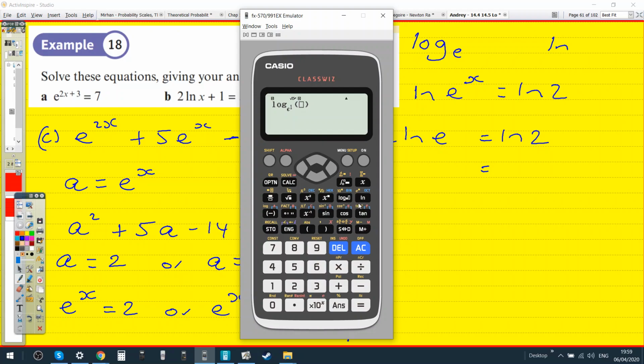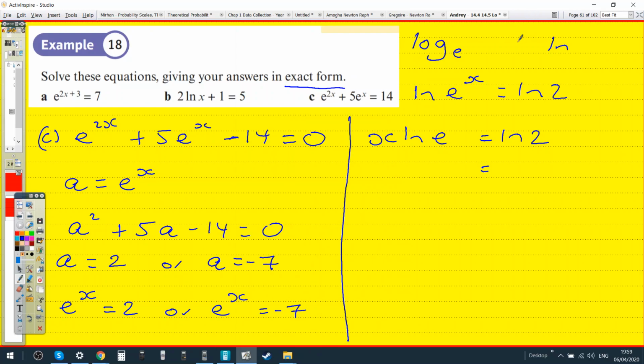And what is any log to its own base? What is log a base a? It is 1. And that's why when we have e, we use ln. Okay. So ln e is the same as 1. And so x equals? So x is equal to ln 2.